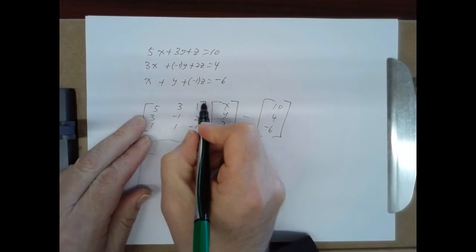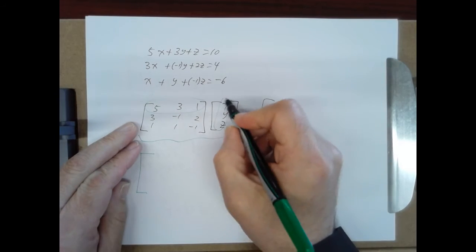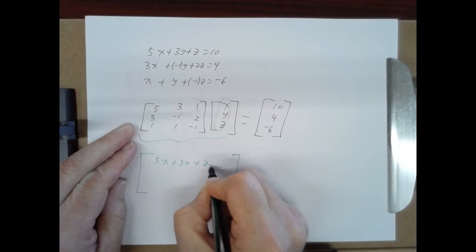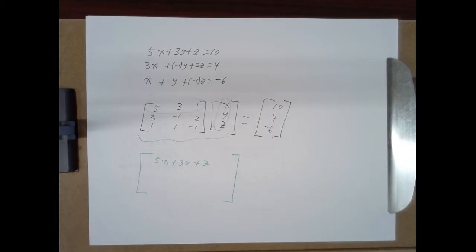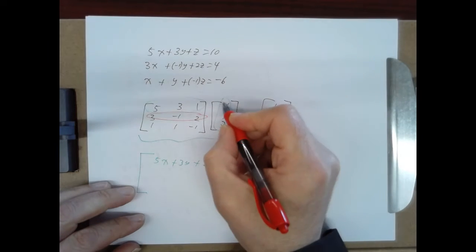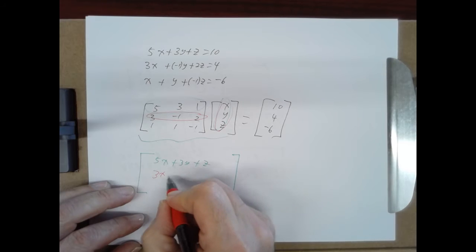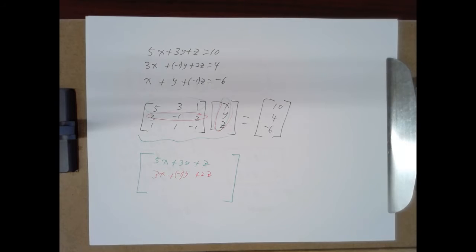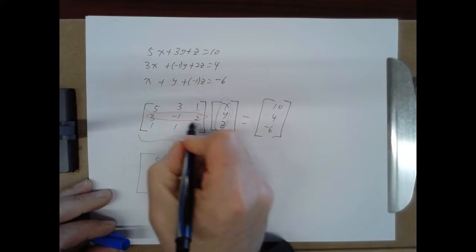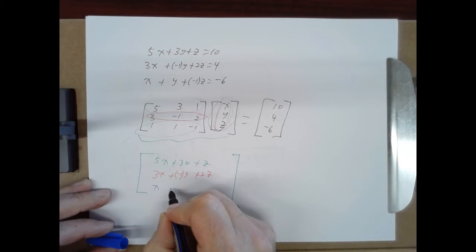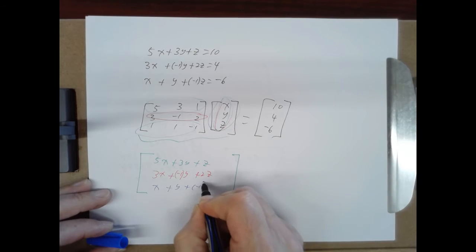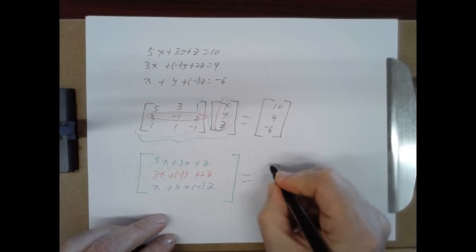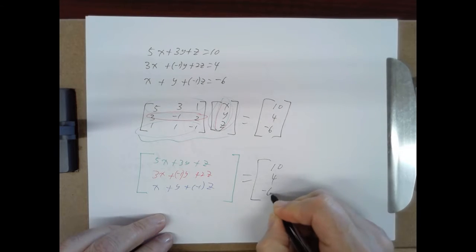The first element's going to be the dot product of this with this, which is just 5x plus 3y plus z. And the second element's going to be the dot product of the second row with the first column, which is 3x plus negative 1y plus 2z. And the third row element's going to be third row, first column, x plus y plus negative 1z. And this is all equal to 10, 4, negative 6.